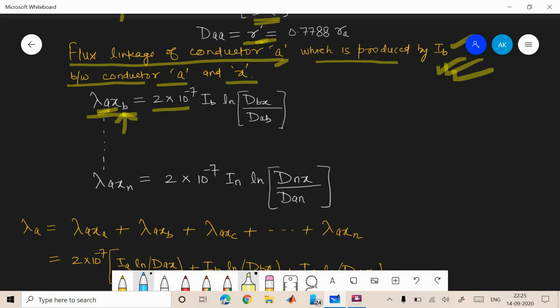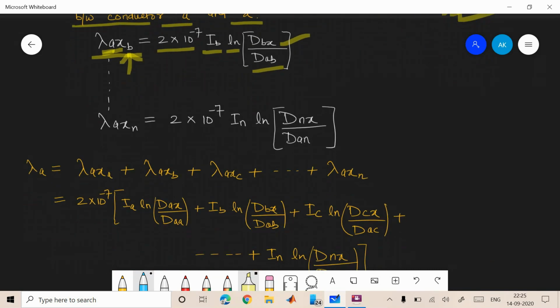So it is 2 into 10 raised to the power minus 7 IB ln DBX, the distance between B and X, and in the denominator it is DAB, the distance between conductors A and B.